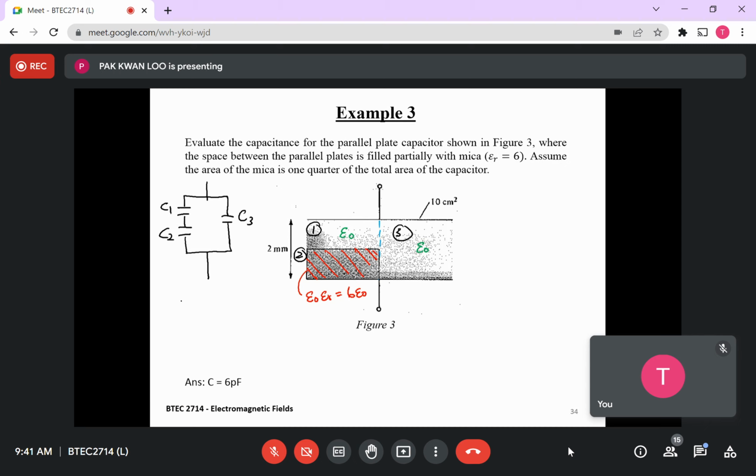Okay. So C1 is equal to epsilon naught times the area. This is half of the area, so it should be 5 times 10 to the power of negative 4 square meters, divided by the thickness. The thickness here is 2 mm, so half of it is 1 mm.